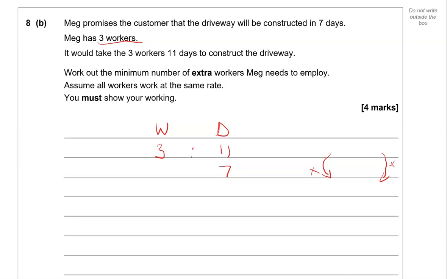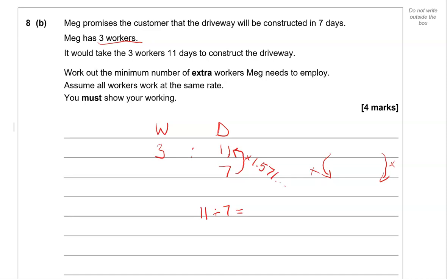So in this case, we've got these 2 numbers given to us in the same column, so we're going to use those. So if I do 11 divided by 7, it will give me the number that I've multiplied 7 by to get to 11. And that number is 1.571 and so on.